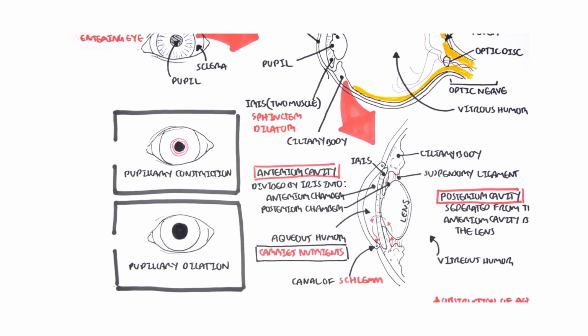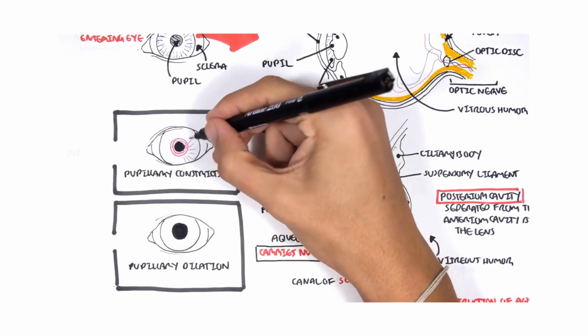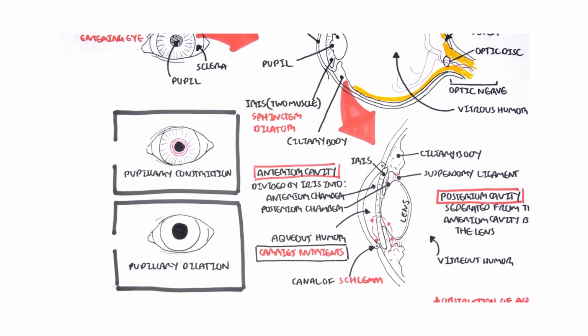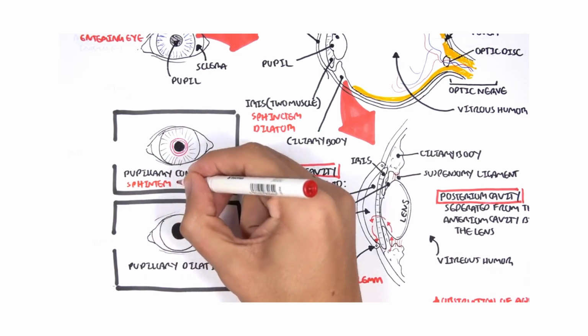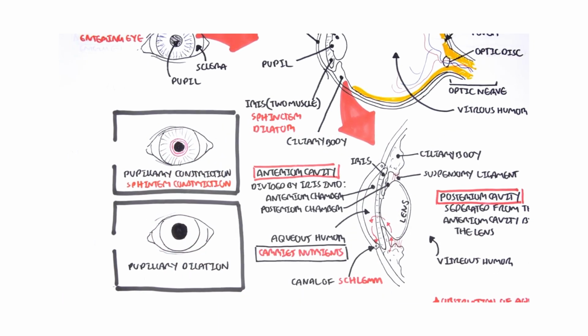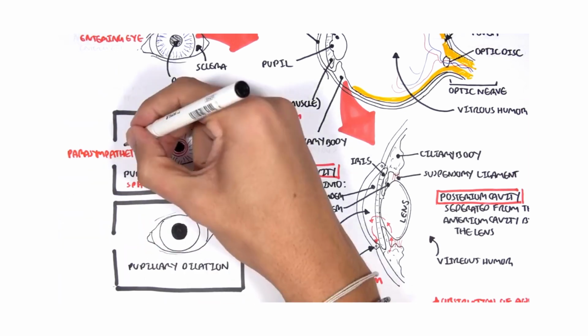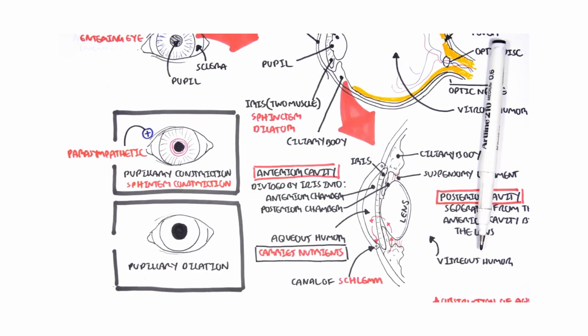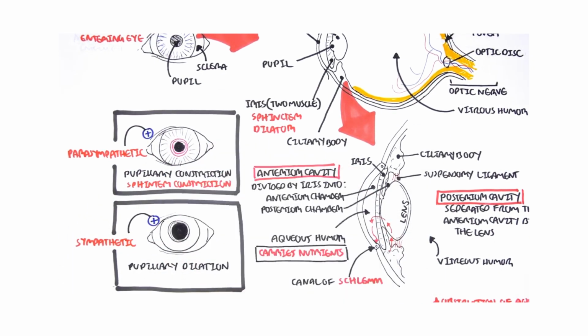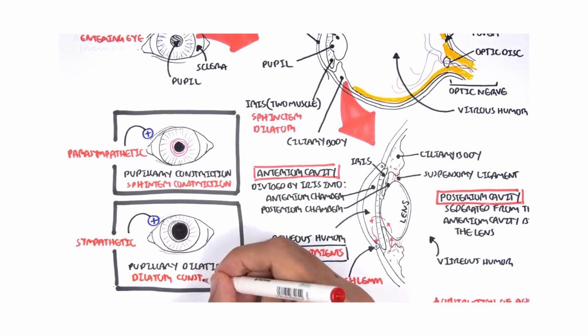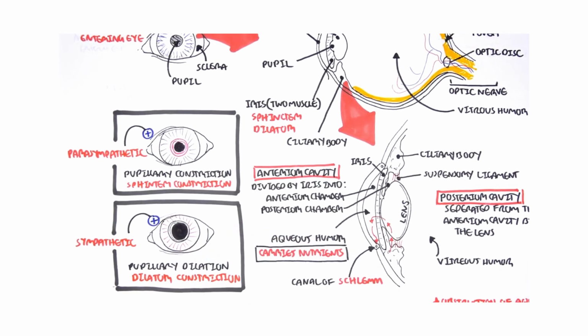The sphincter muscles are responsible for pupillary constriction, and these sphincter muscles are stimulated by the parasympathetic nerve. Thus, sympathetic stimulation causes pupillary dilation through the dilator muscles. So when you're in fight or flight response, you have dilated pupils, so you can see more.